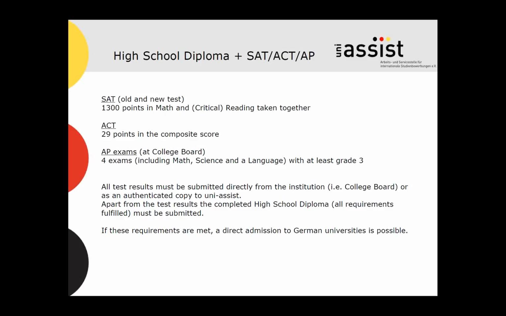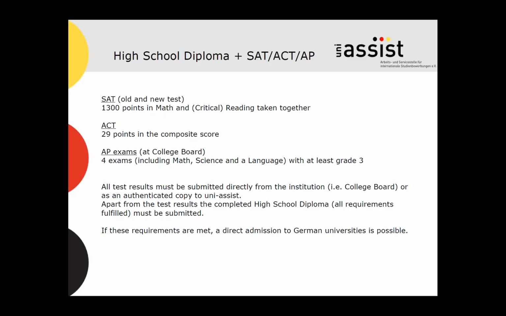So the writing part is not relevant, and we are only checking the results in these 2 parts mentioned. Then the second possibility is ACT, and you need at least 29 points in the composition score.